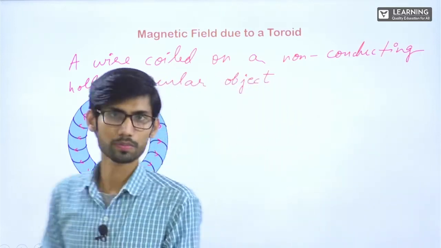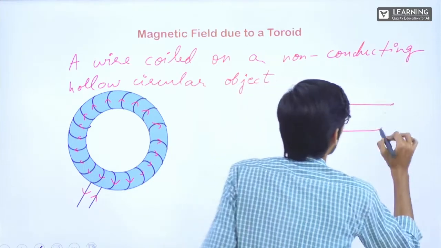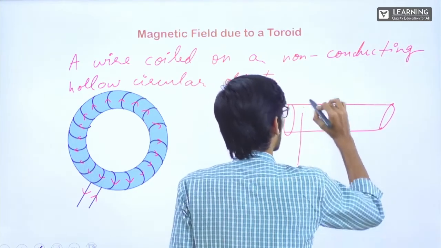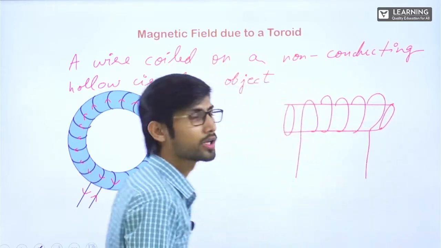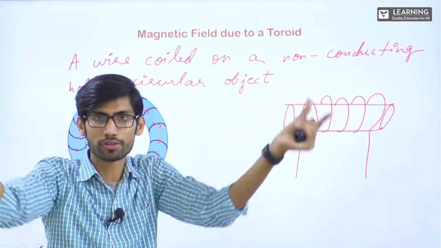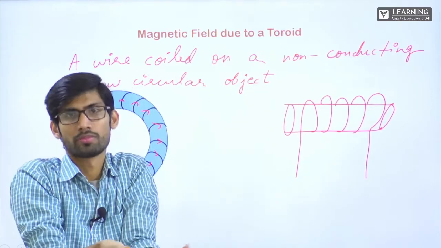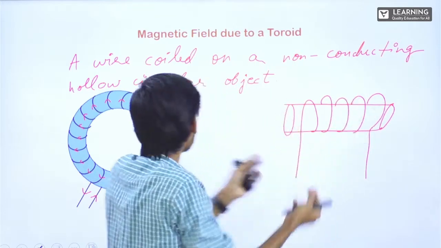I hope you understood. So if you see a solenoid, it is like this, right? If I take both the ends of a long solenoid and I join both the ends like a circle, I'll get a toroid, right?